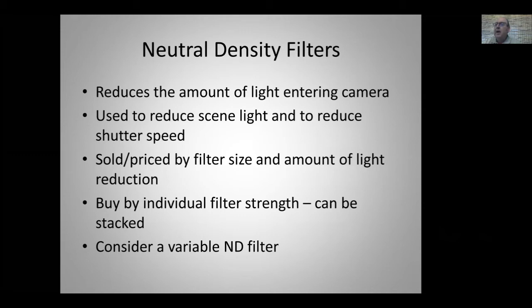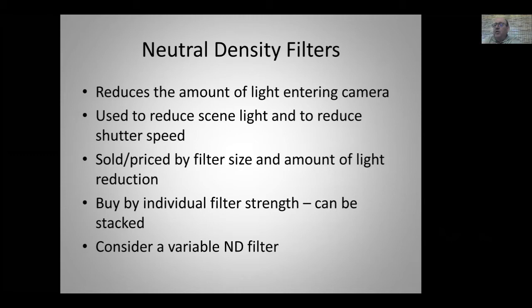You buy it by individual filter strength, and the good news is they have male threads on one side and female threads on the other, so you can stack two or three of them. If you bought a 2-stop and a 3-stop, you could use the 2, use the 3, or put them together and you'd have 5. So you can work them out anyway.